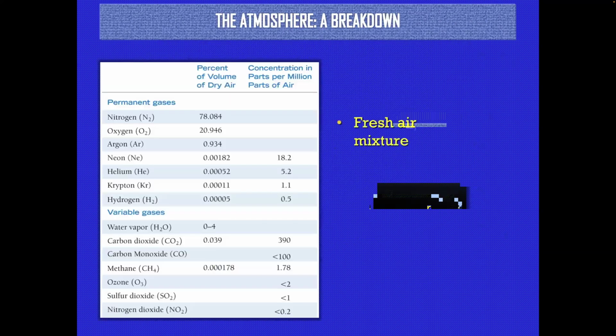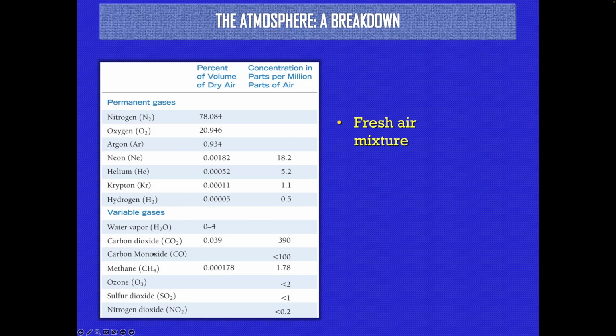So think about the top here as a fresh air mixture. So you breathe in 78% nitrogen, only 21% oxygen, and then argon, neon, and so on, obviously in much smaller parts. And then the variable gases, from water vapor to carbon dioxide, monoxide, methane, ozone, and other parts.